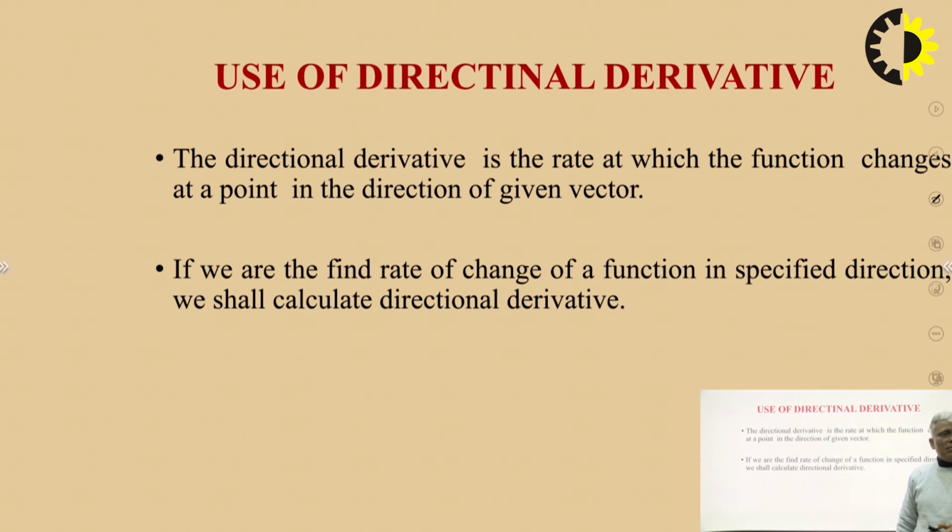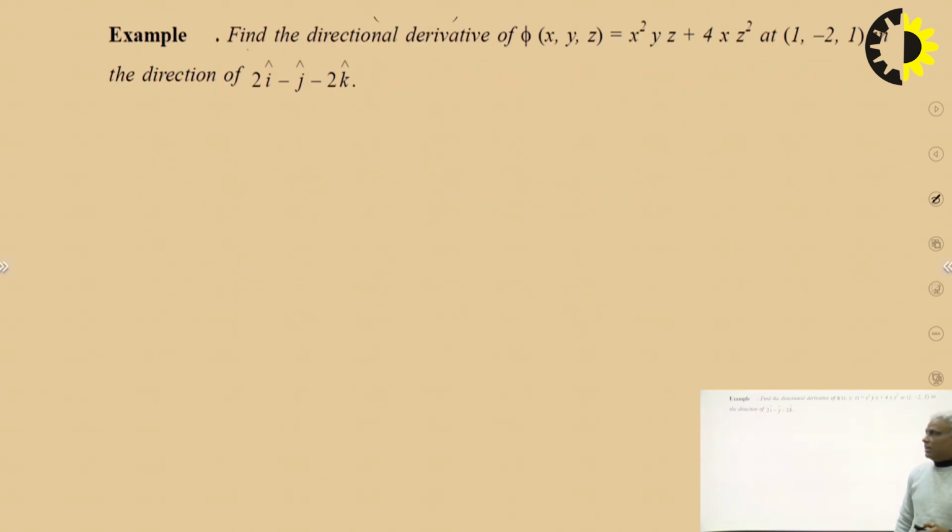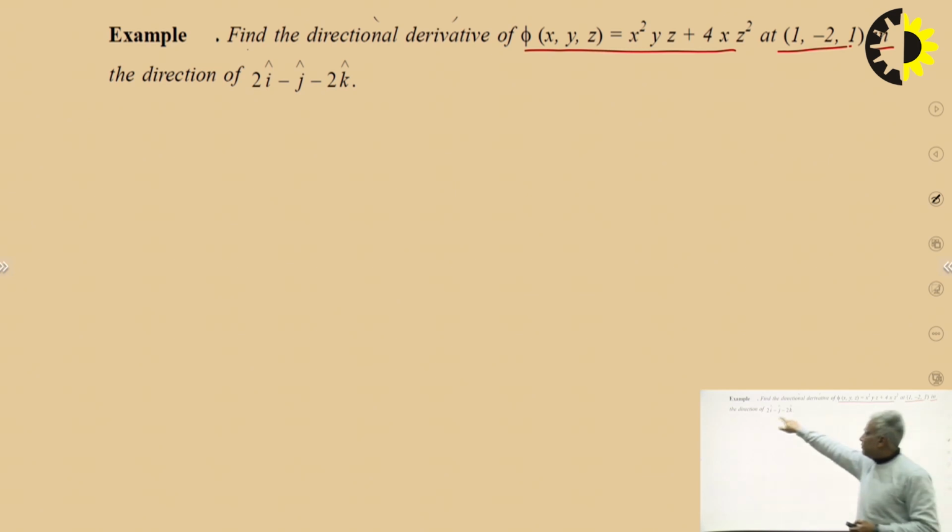If we are to find the rate of change of a function in a specified direction, we shall calculate the directional derivative. And I take another example here. Find the directional derivative of this function at this point in the direction of this vector.